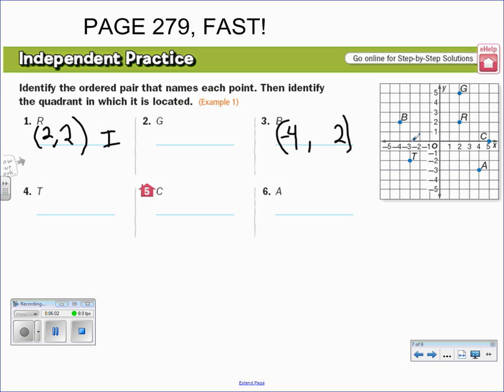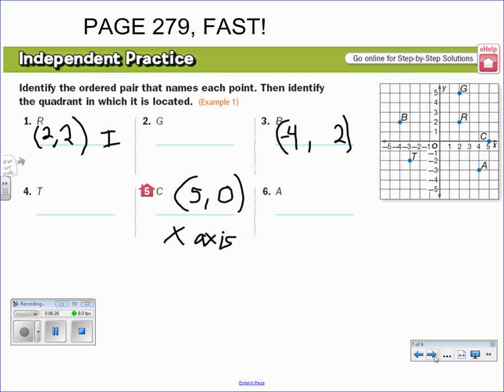These are tricky, right? X first. What is it on X? 5. What is it on Y? Is it up? Is it down? It's not moving. So it's 5, 0. Careful with those. That's tricky, and that's not a quadrant. That's on the X axis. Right, it's right on X.